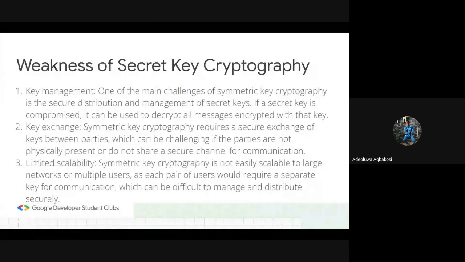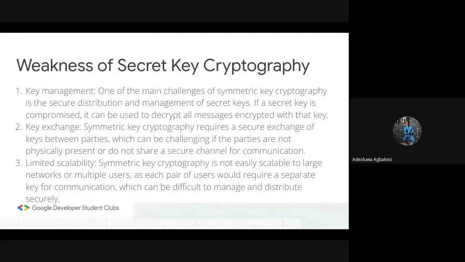Now, if I wanted to take it a notch higher and communicate with all the GDS leads in Africa, there are over 100 GDS leads in Africa alone. Creating a separate secret key for each of them would be very massive. It would be a lot of work to implement.